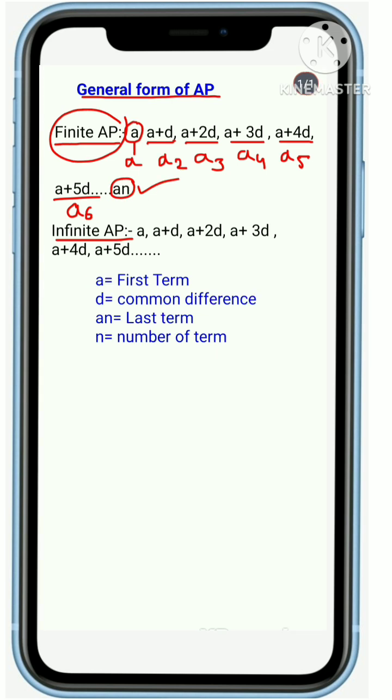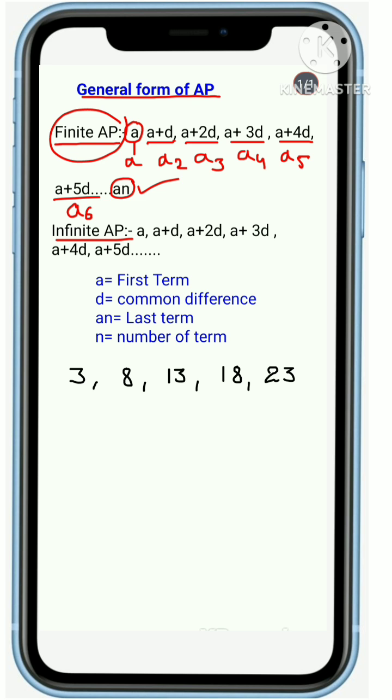Okay, I want to make you clear with an example. Suppose we have a sequence of number like 3, 8, 13, 18, 23. Firstly, let's check if this is an AP or not. For that, we need to find common difference between each term, right?